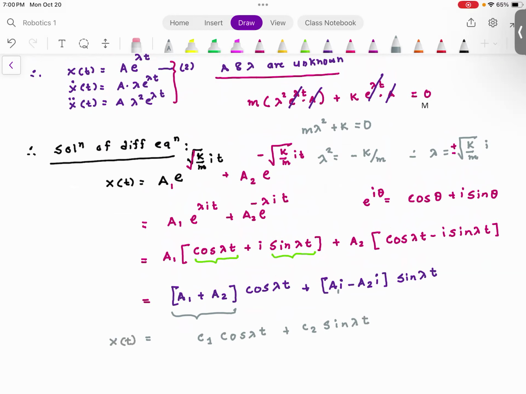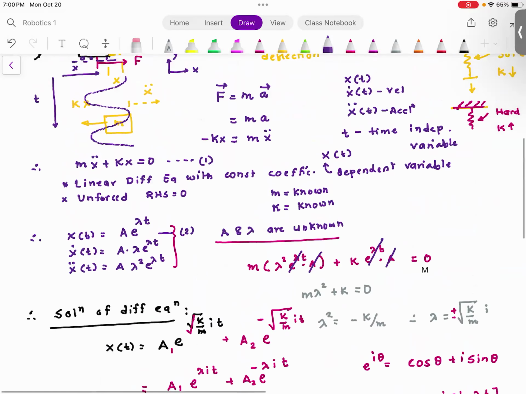Thus, what you have is an equation that represents the real solution, because C1 is the constant that depends on displacement. C2 is the constant that depends upon the velocity.